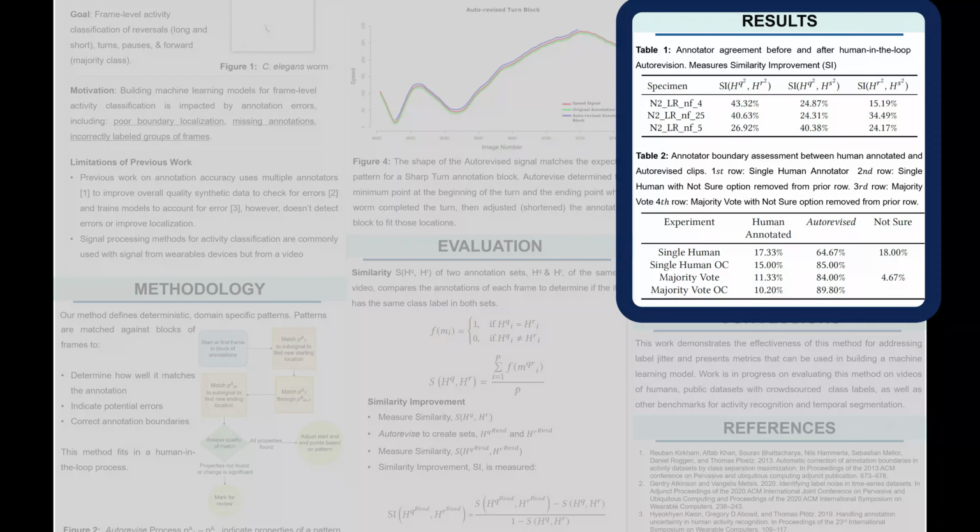We can see that in both experiments, Autorevise improves the boundaries of annotated activities. Beginning the Autorevise process with less noisy annotations by using the majority vote annotation set improves the boundaries more often and with less uncertainty.